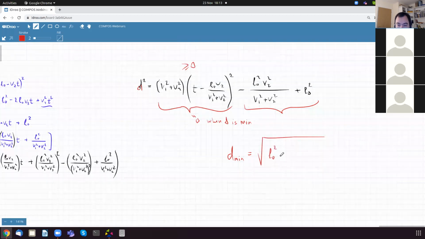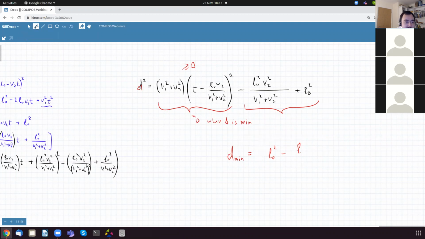L0, I won't fully simplify it, minus L. Actually, why not? Yeah, I can simplify it. So you know what? I will write d minimum squared, and I'll simplify it right away. So I'll find the common denominator. So it's going to be L0 squared V1 squared plus L0 squared V2 squared minus L0 squared V2 squared.